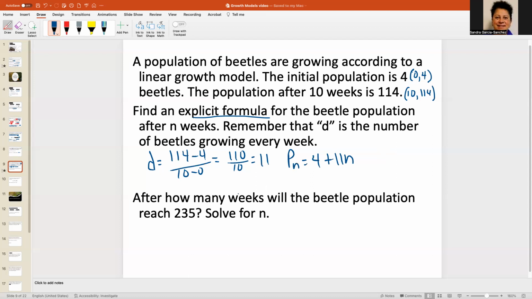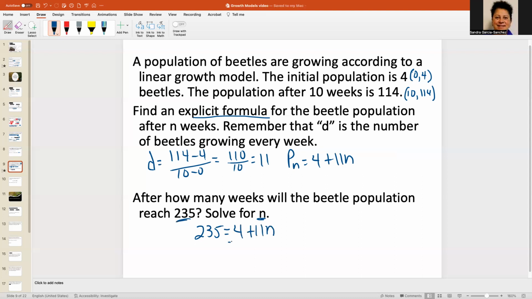Now to figure out when the beetle population would be 235, we're solving for n. So here P sub n, which is the final amount after n weeks, is 235. And that equals 4 plus 11n.